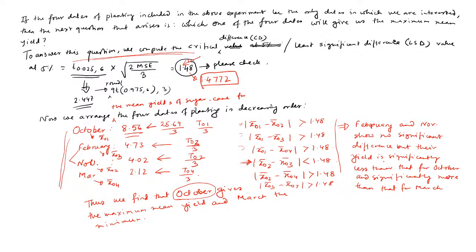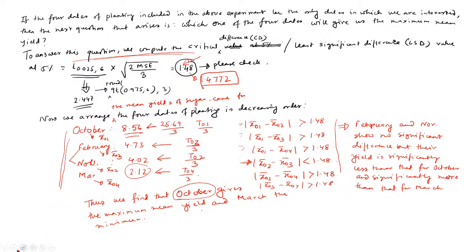But their yields, November and February, are significantly less than for October, because October has maximum mean yield. And it is significantly more than that for March, because March has minimum mean yield. Thus, we can conclude that October gives maximum mean yield and March gives minimum mean yield. Clear, Paulumi? Okay.